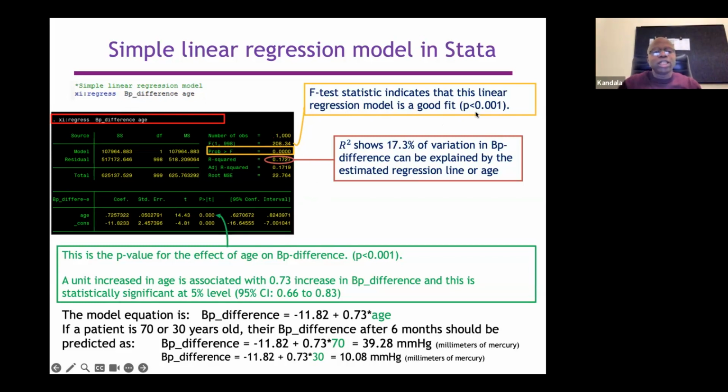So there is a linear relationship between blood pressure difference and the age of the individuals, and the blood pressure difference can be predicted from the age of the individuals. But for this prediction, the variation explained is only 17%.